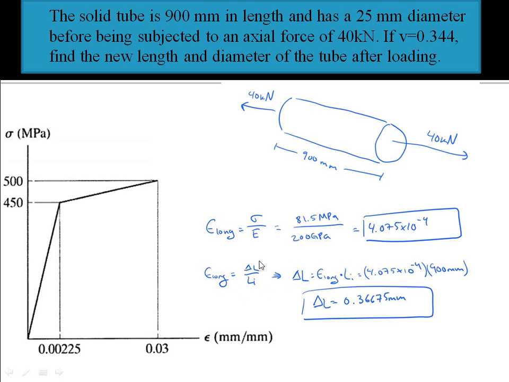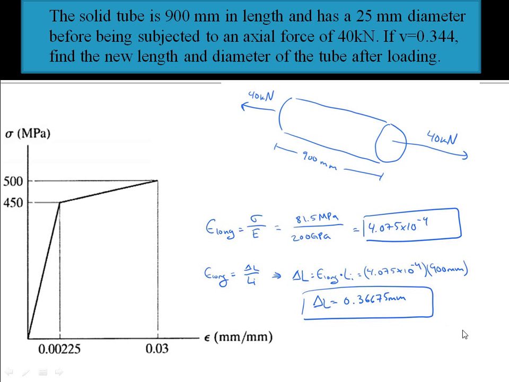That allows me to find delta L, the change in length once the stress is applied. Once I rearranged the equation, I did this strain longitude times the initial length, which was 900 millimeters, and I got delta L equals 0.36675 millimeters.